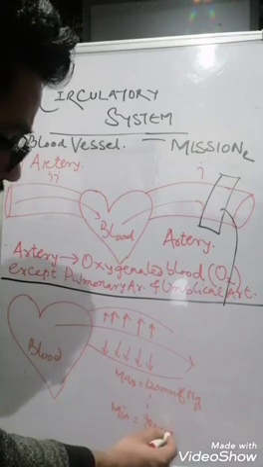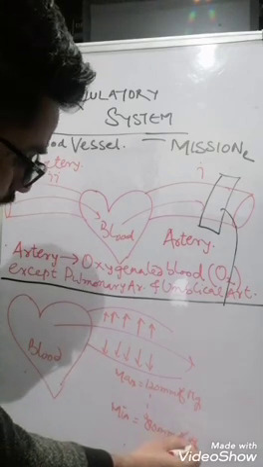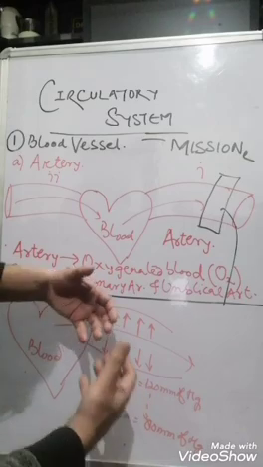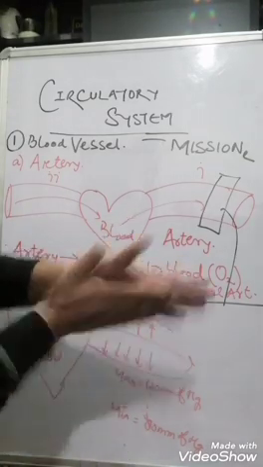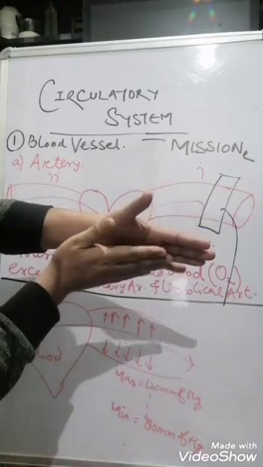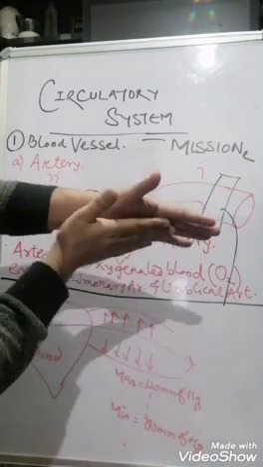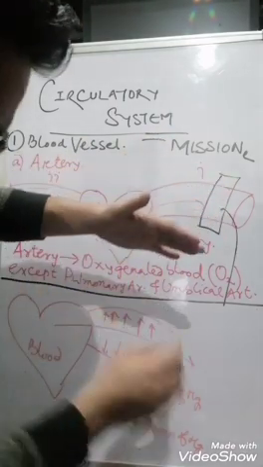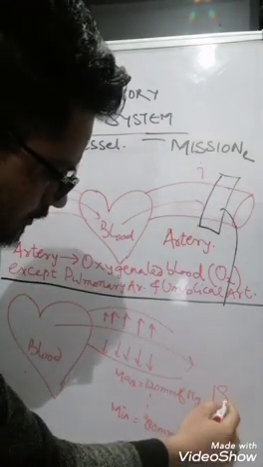So better, what I'm trying to say is that as soon as the blood moves out of the heart into the blood vessel, this blood exerts force on the artery wall. Firstly, this is maximum, then it falls down and it becomes minimum. The maximum force exerted by the blood on the artery wall, we call it as systolic pressure.